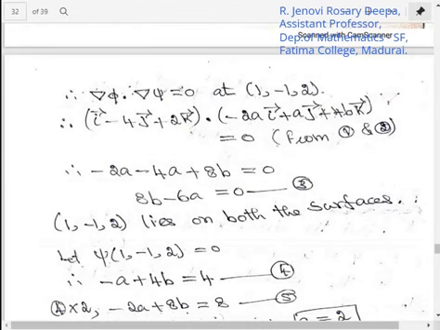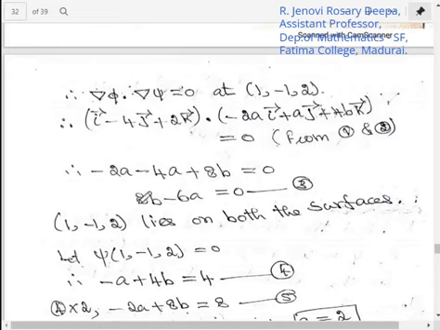You multiply the corresponding coefficients of i, j, k, and the remaining products become 0. The coefficient of i is 1 and minus 2a, so the first term is minus 2a. Then minus 4 and a, so minus 4a. Then 2 and 4b, so we have 8b. This equals 0.